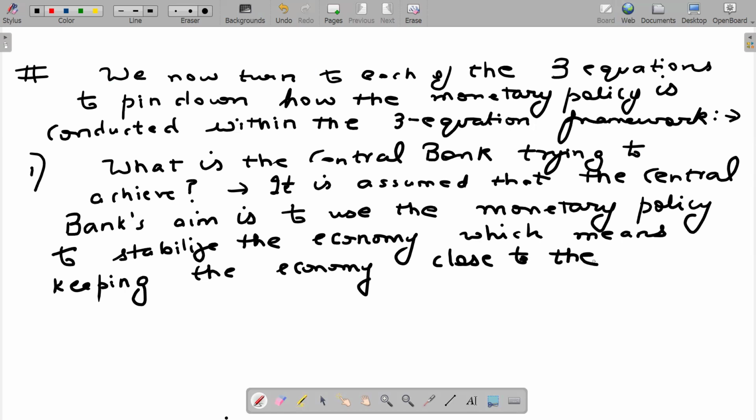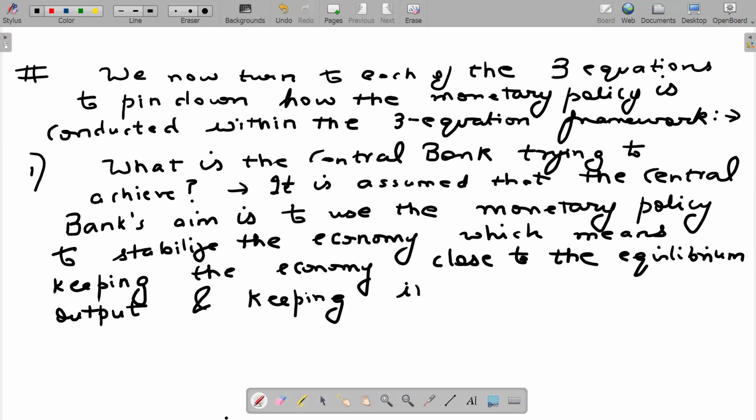Remember, we have discussed that every economy has some equilibrium or full potential level of output. So the objective of the central bank is to keep the economy close to the full potential or the equilibrium level of output, and keep the inflation close to its targeted rate.